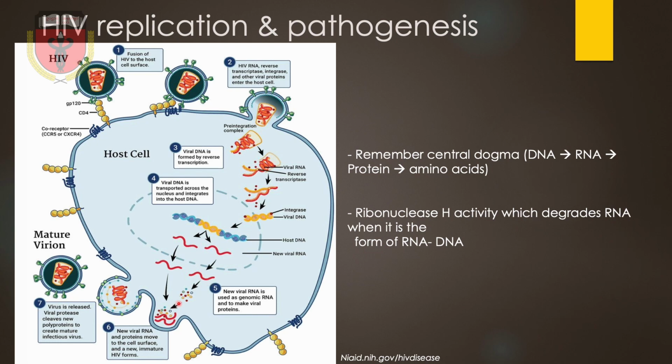In order to continue infecting some other host cells, once the viral DNA is integrated with the host DNA, the new viral RNAs are formed, and it follows the central dogma again, from DNA to RNA.